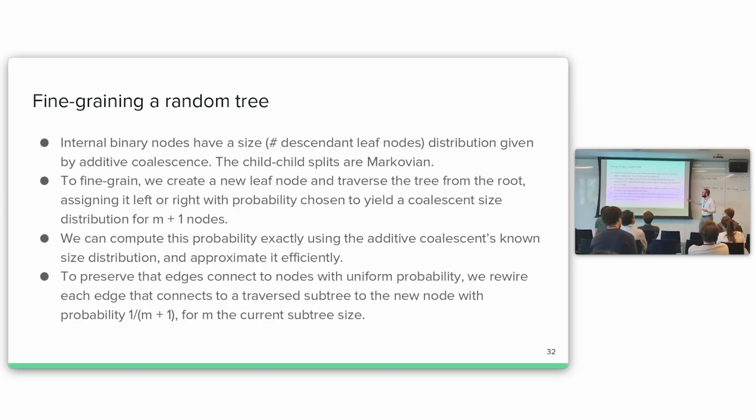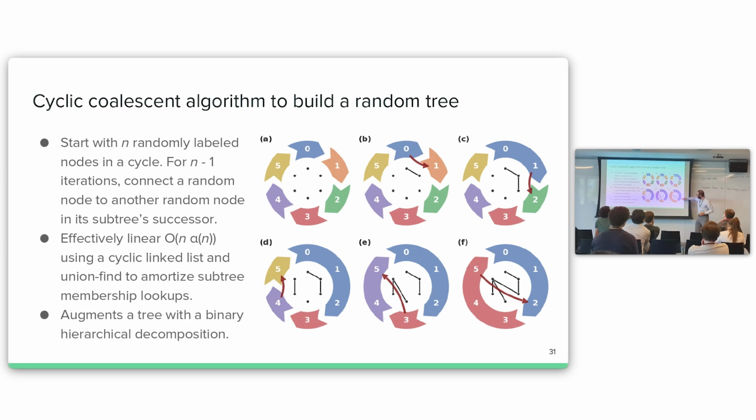After we do this, we get the right statistics, and everything is preserved. We can compute this exactly using the known distributions and also approximate it efficiently. There's one more step: when we add a new node, we need to preserve the original probability that when we picked which node to attach to uniformly at random, we now include the new node.